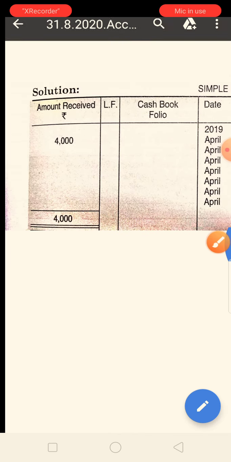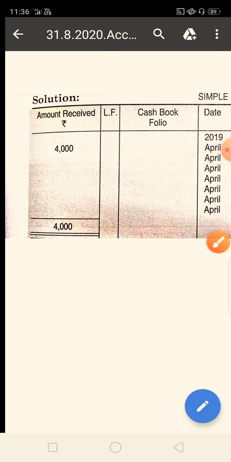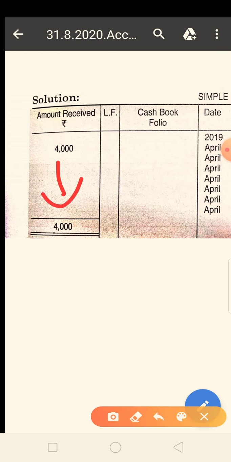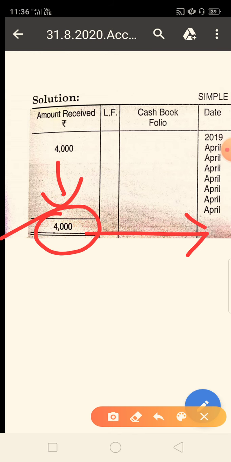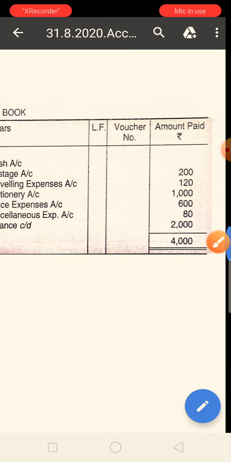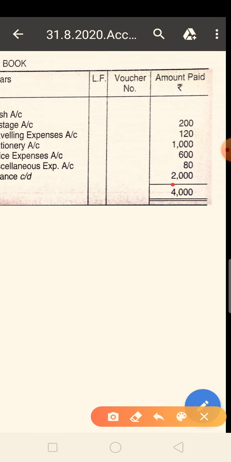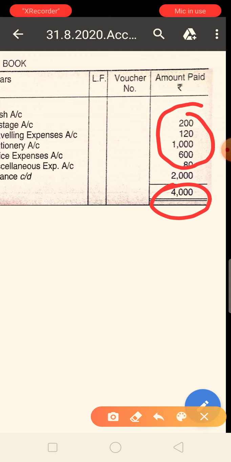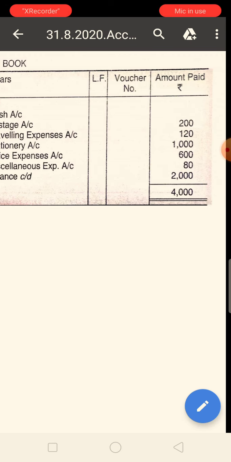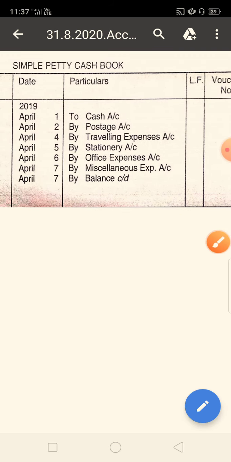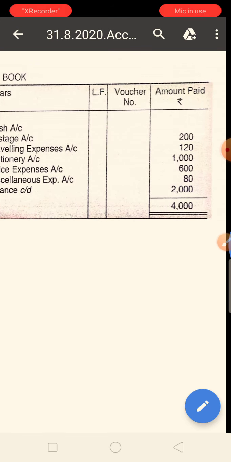My dear student, first of all you will check here, this is amount received of 4000 rupees. तो first of all you will add this side 4000 and this is a big side, और इसका टोटल को आप ट्रांसफर करेंगे in this side. My dear student, this 4000 will come in this side. इस 4000 में से आप इन सब चीज़ों को माइनस करेंगे. After deducting you can calculate this amount, this is 2000 rupees and this is a balance by balance c/d. It means now you have 2000 rupees as balance, my dear student.